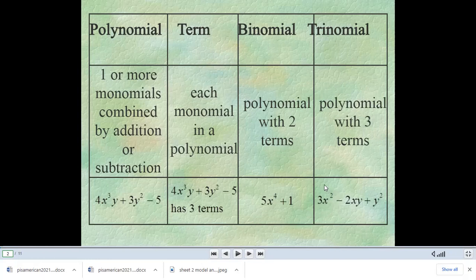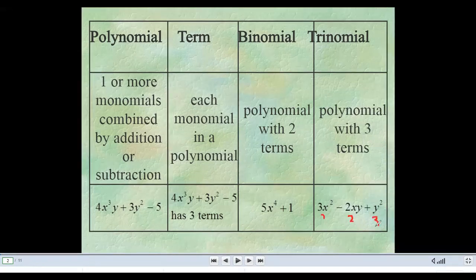You can count with me. This is the first term, second term, and this is the third term. Then a trinomial consists of 3 terms, a binomial consists of 2 terms, and a term is each monomial in a polynomial.